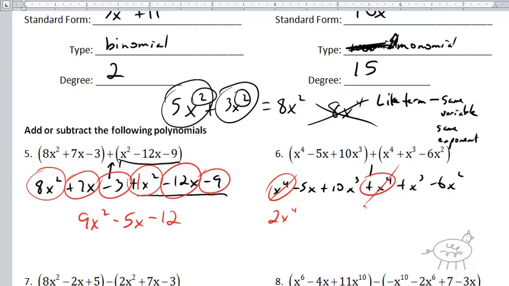So cross them off. And then we're going to do x to the third. So 10x cubed plus 1x cubed is plus 11x cubed. That's that one. Okay, and then we only have one negative 6x squared, so we're going to write it, negative 6x squared. That's out of there, and then one negative 5x. And that's your answer.